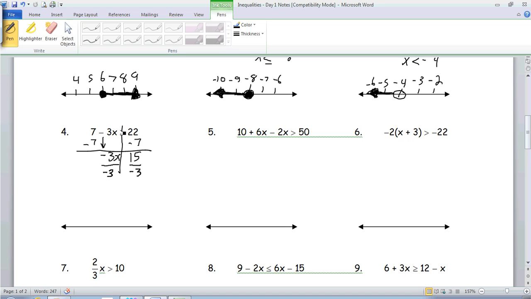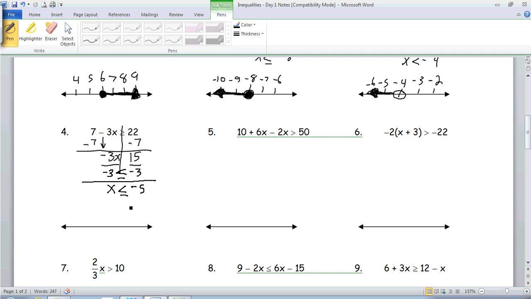This greater than part must change to a less than or equal to part. So this now becomes x is less than or equal to 15 divided by -3, which is -5.